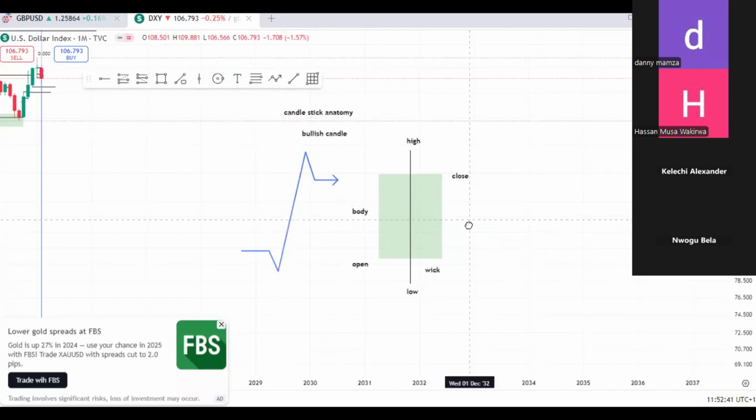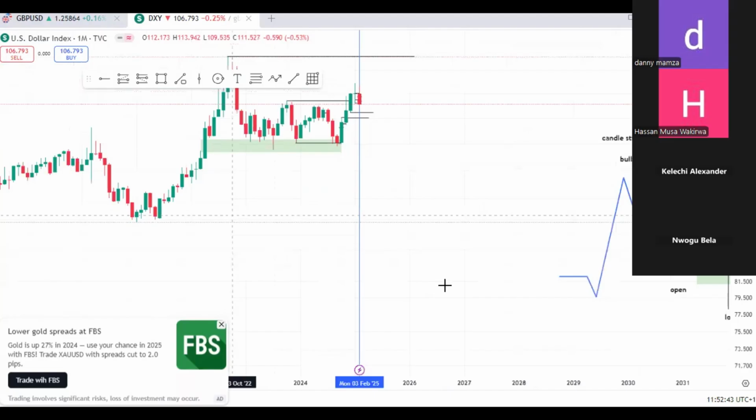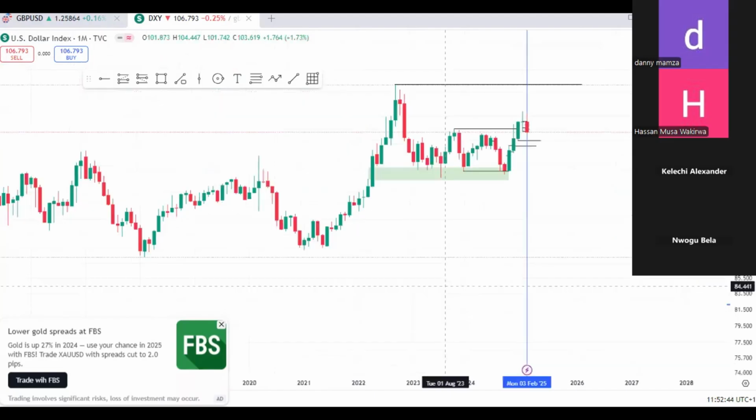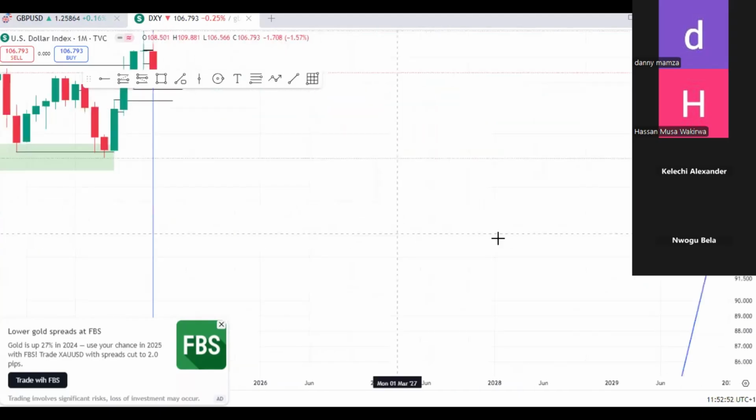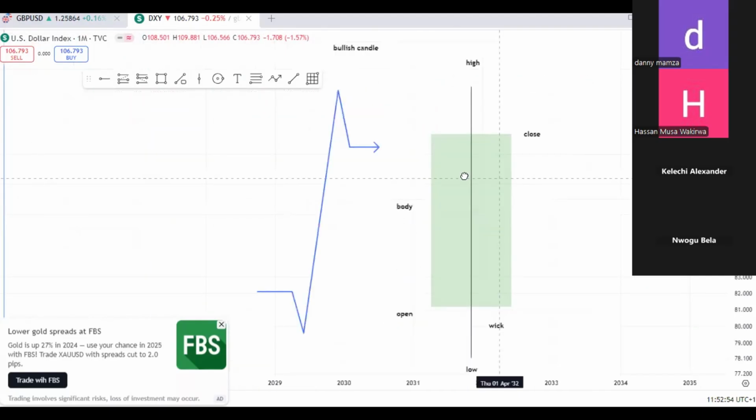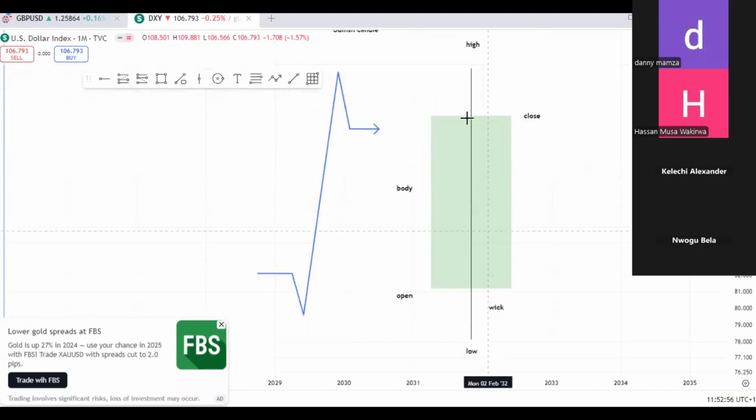This green candle we are seeing, all these green candles, any candle that goes up, it doesn't really matter the color, but any candle that goes up, that's how it forms. It will first of all open, then it will form the wick, then create the body, and then it will close. So this is a typical example of a bull candle or a bullish candle.